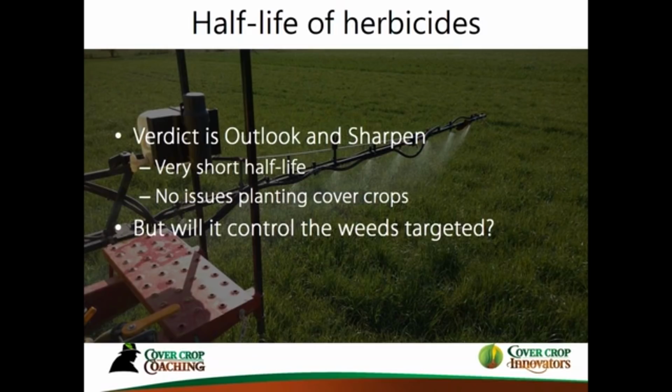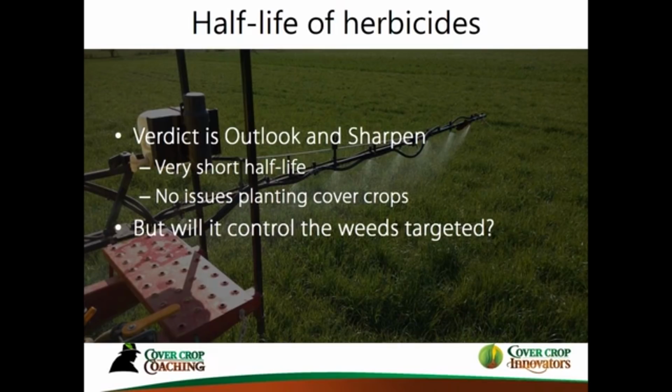And Verdict has gotten quite a bit of attention, particularly from those who are trying to interseed cover crops, which really makes this understanding important of how to manage herbicides. Because when you interseed cover crops, when the corn is only at V4 to V6, you're only looking at about 4 to 5 weeks after planting.